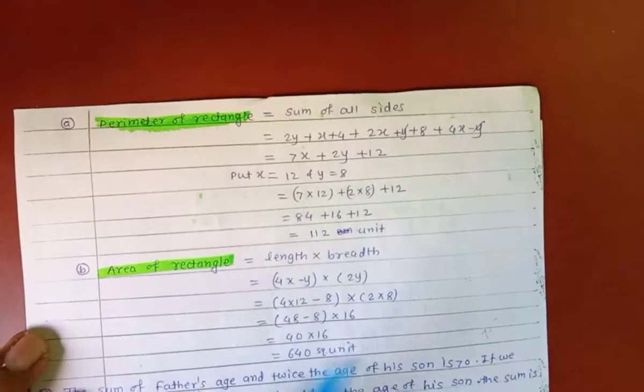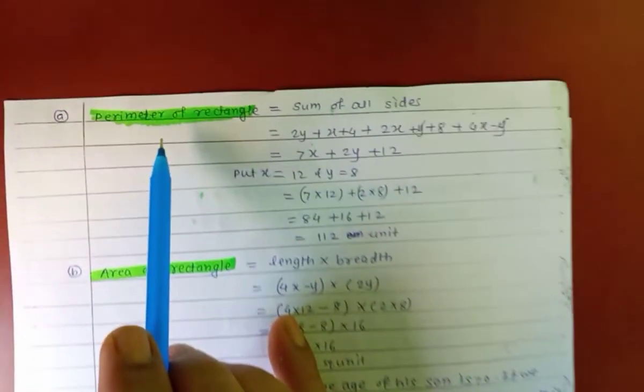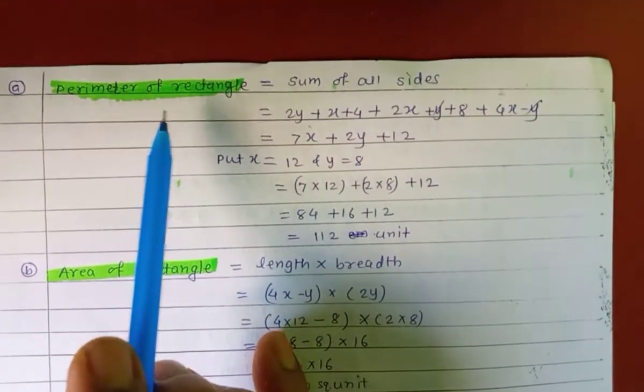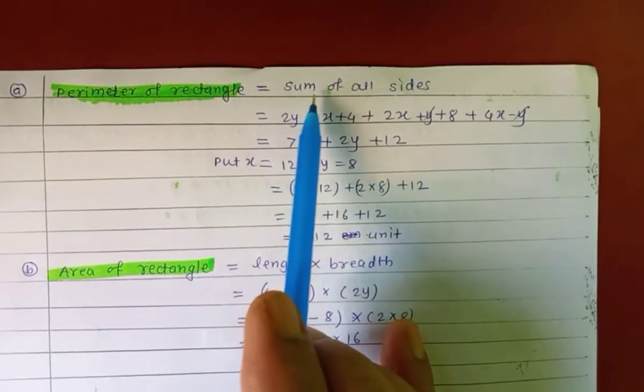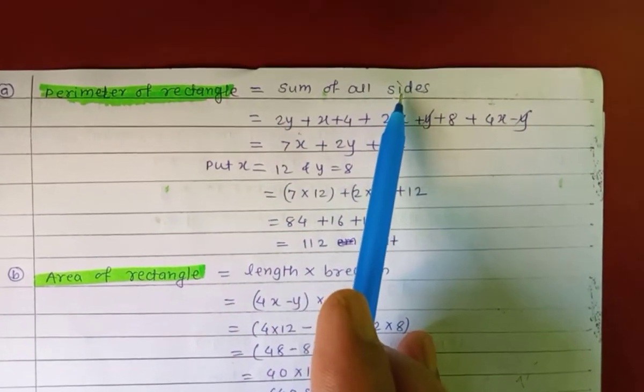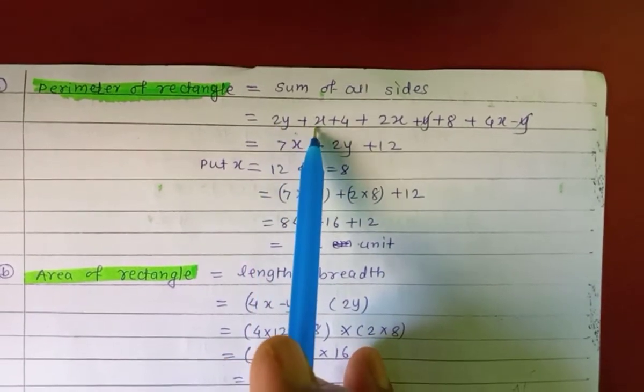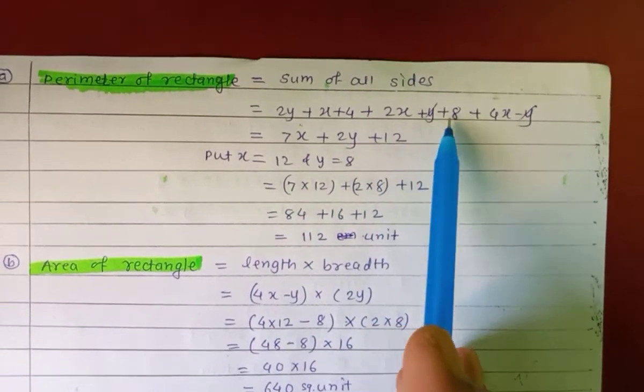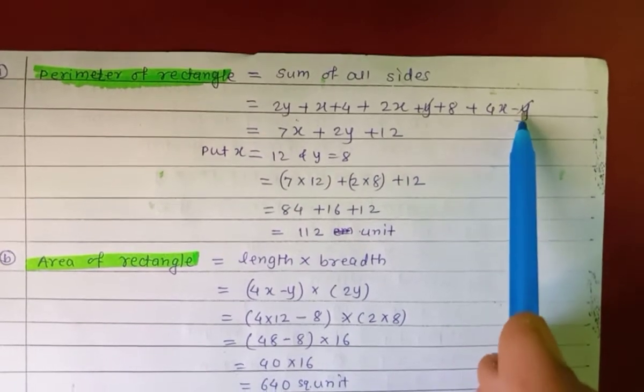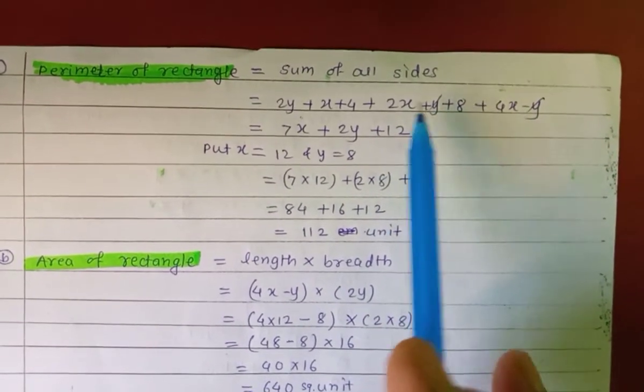But we have to find the perimeter. The perimeter of the rectangle means the sum of all sides, the given sides in the figure: 2y plus x plus 4, 2x plus y plus 8, plus 4x minus y. The minus y plus y gets cancelled.